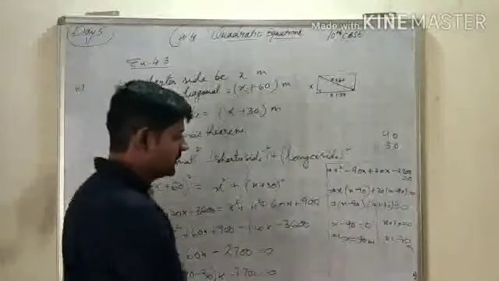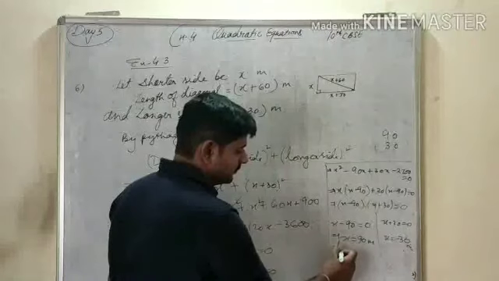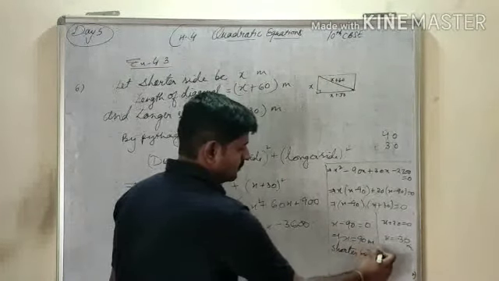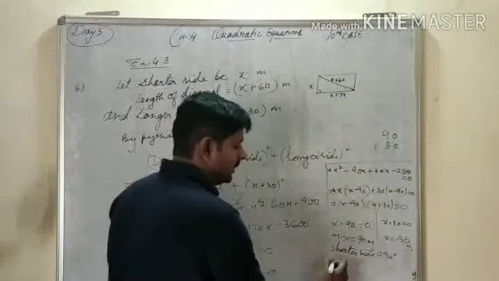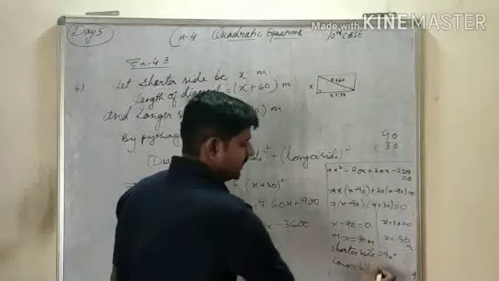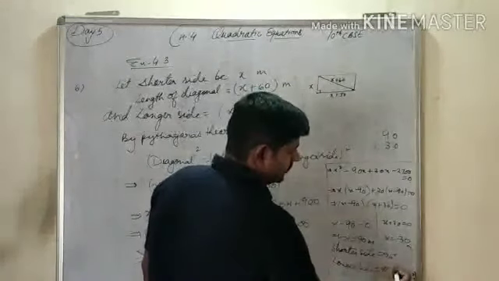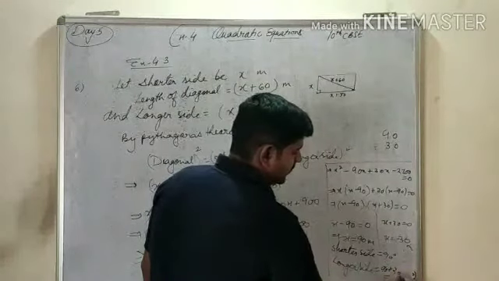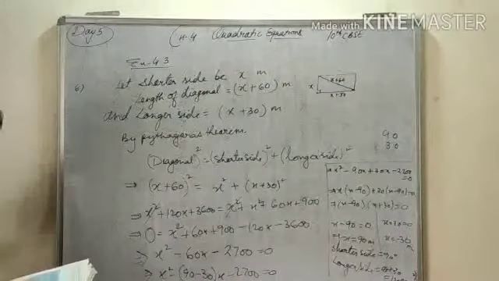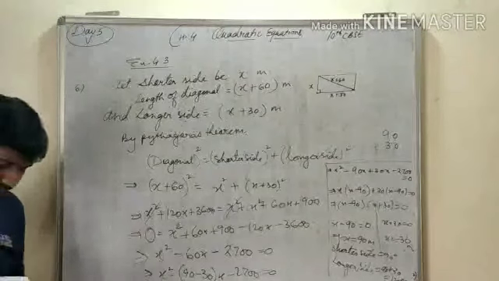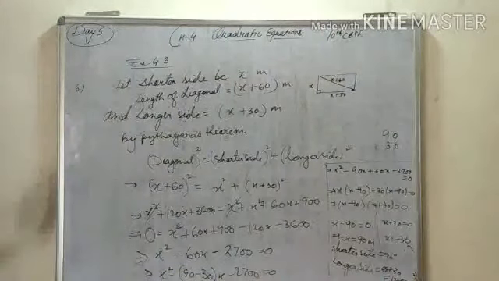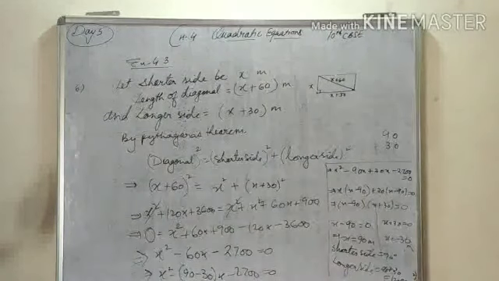So the shorter side will be 90, and the longer side, which is 30 meter extra, so 90 plus 30 is 120 meter. Please write down, these are the answers: 120 meter and 90 meter.